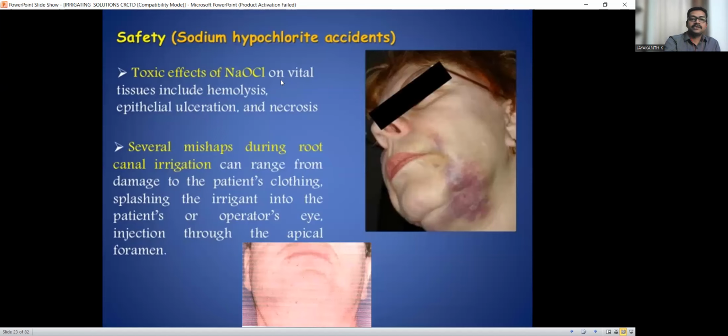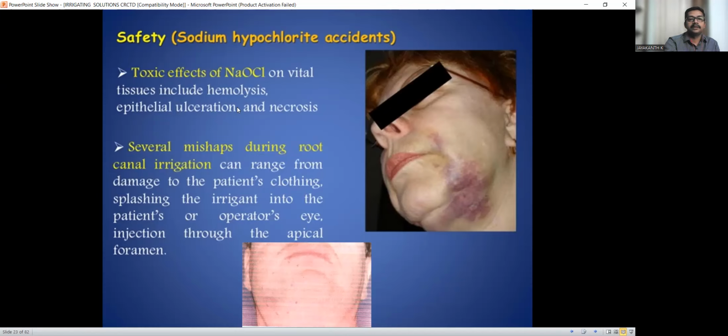The toxic effects of sodium hypochlorite on vital tissues include hemolysis, epithelial ulceration, and necrosis. You can see an image of an instance of sodium hypochlorite accident. The dentist would have been operating, especially on a lower molar, for endodontic purposes, and accidental spilling of sodium hypochlorite at the periapical tissue area causes this.